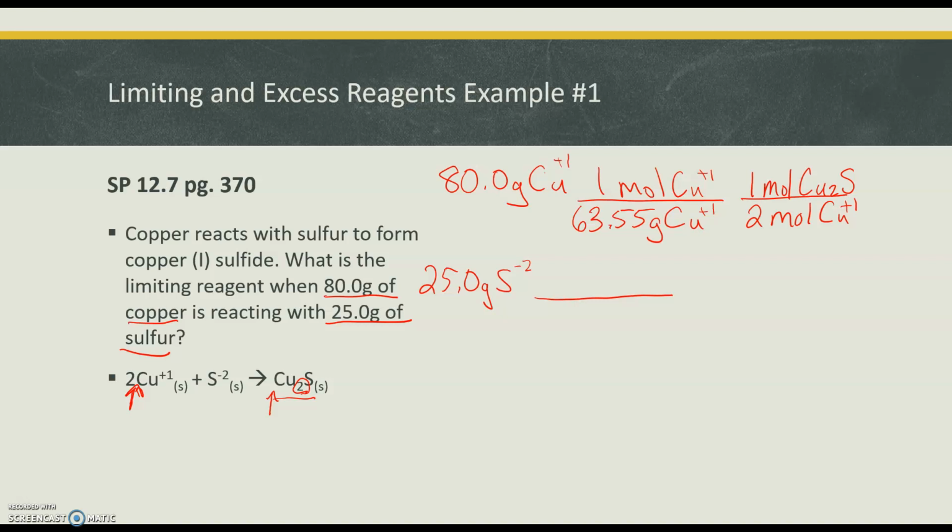The molar mass is going to be 32.07 grams of sulfur per 1 mole of sulfur. We're then going to use our mole ratio to compare moles of sulfur to moles of copper 1 sulfide. As you can see, this is a 1-to-1 ratio.